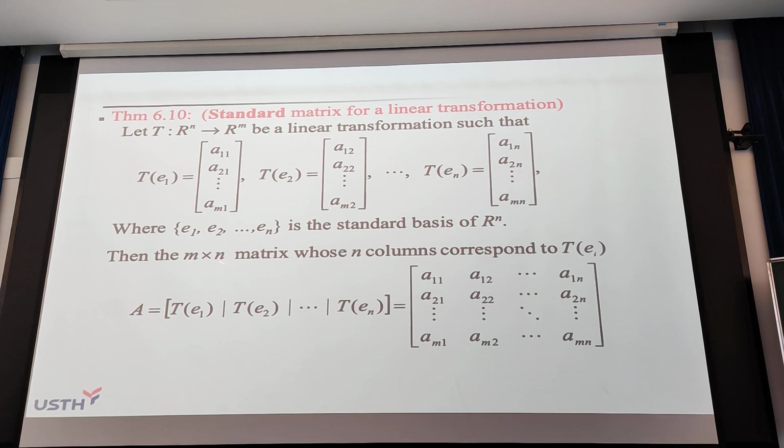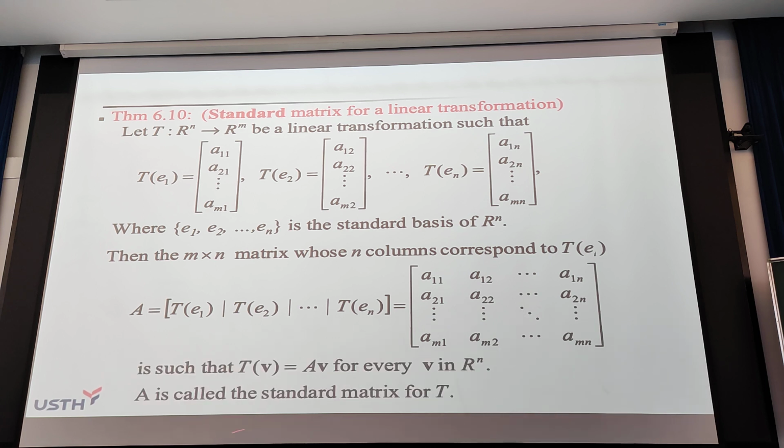That will be an n by n matrix with n columns here, and we call it the standard matrix for T. You can verify that with the matrix A like that, T of v will be A multiplied by v for any vector v inside the domain.